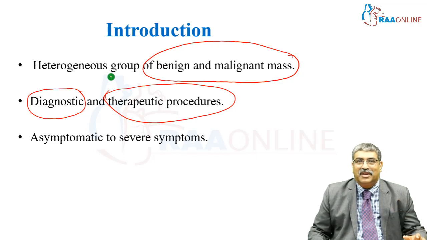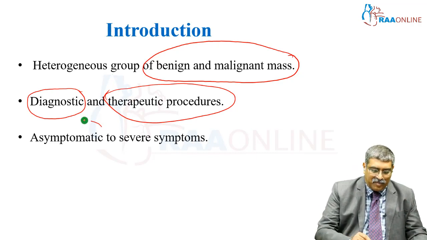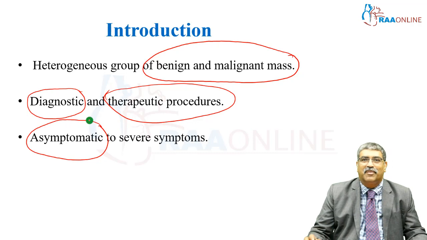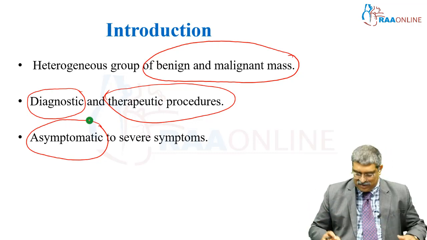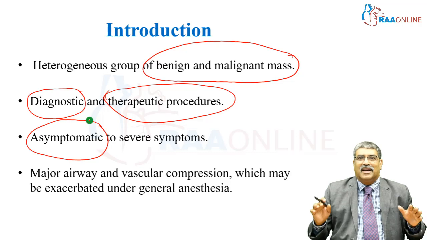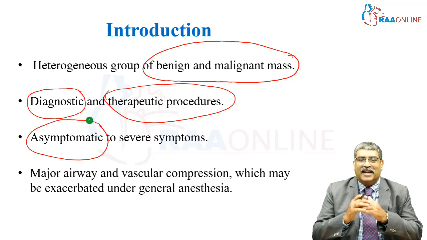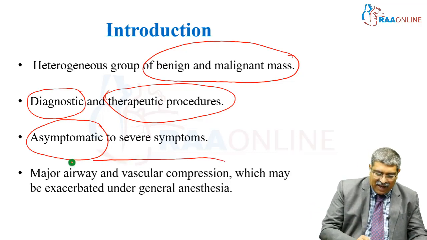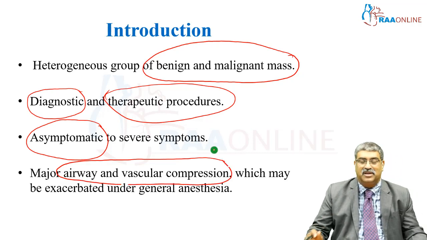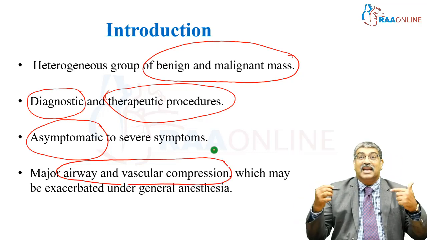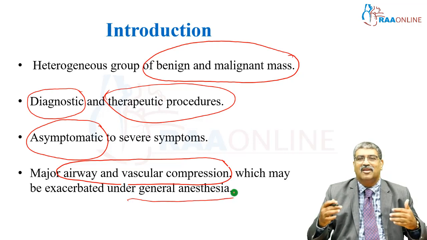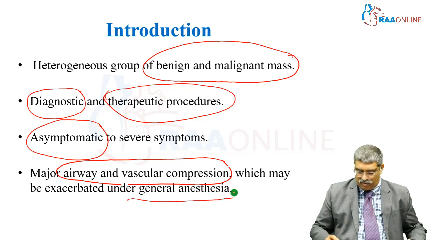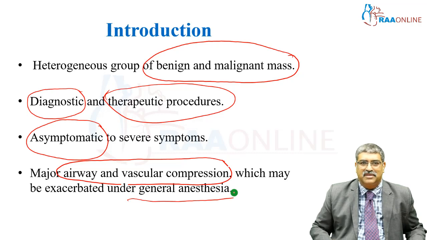The symptoms can range from the patient being totally asymptomatic to having severe symptoms of cough and stridor. As I said earlier, it can have major airway and vascular compression which can get aggravated during your anesthesia. So, these are all the various challenges you face with mediastinal mass.